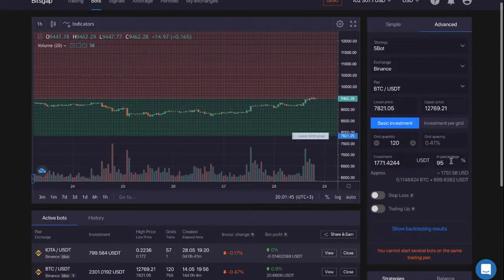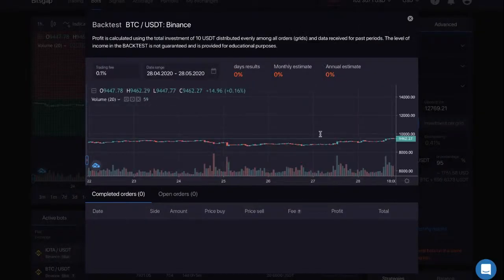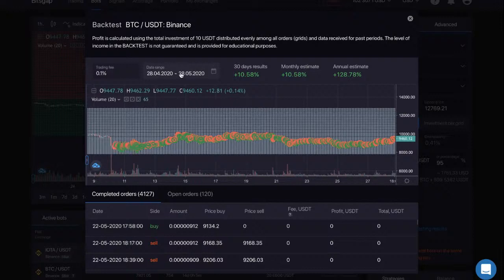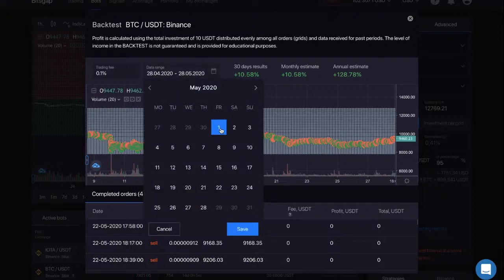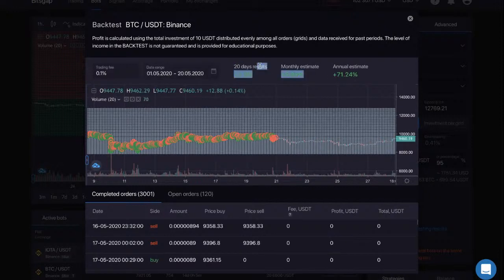Simply go to the advanced section, click on show backtesting results, and here you go. You see that the date range is already predefined. It takes the last month, which you can always also adjust in any way you want. Let's say we wanted to consider only the period since the 1st of May till the, let's say, 20th of May. So that's gonna be how many days? 20 days.